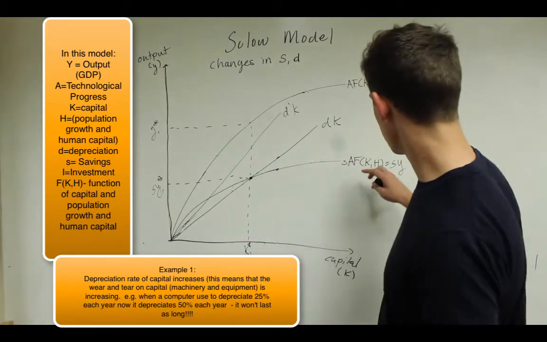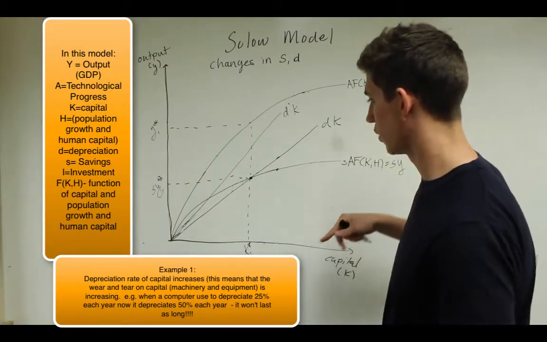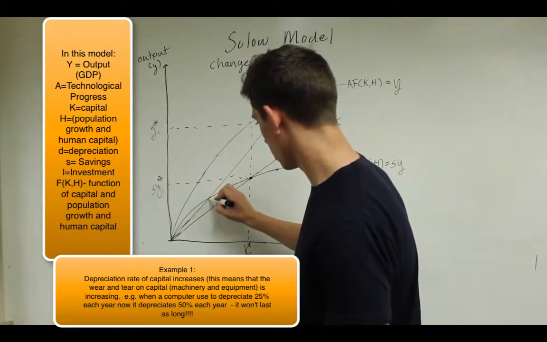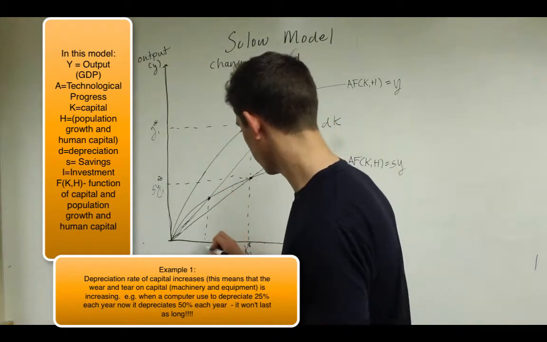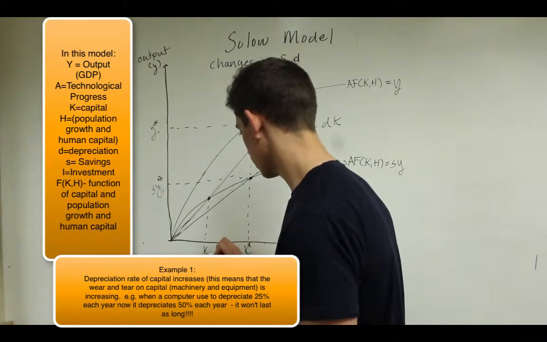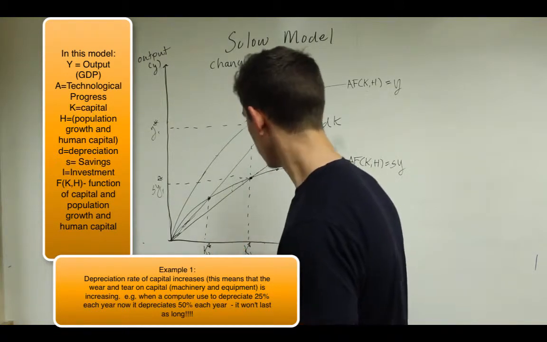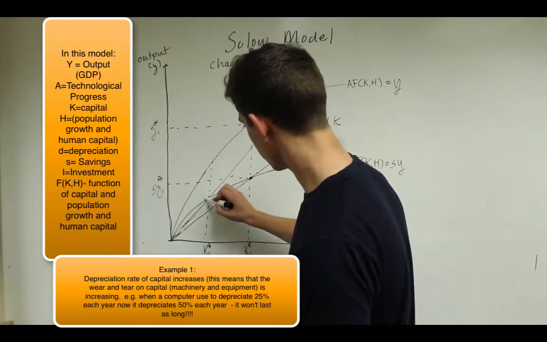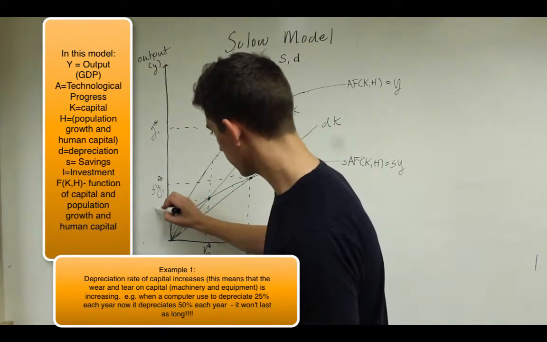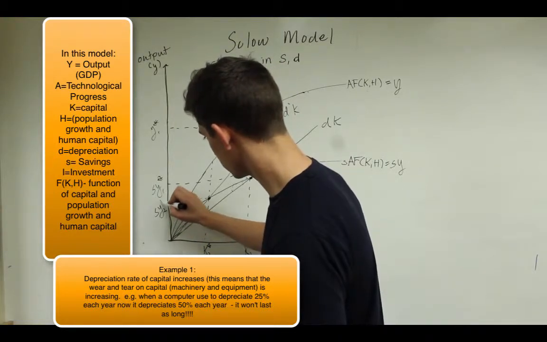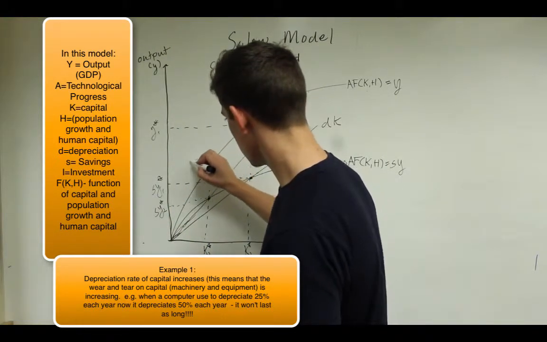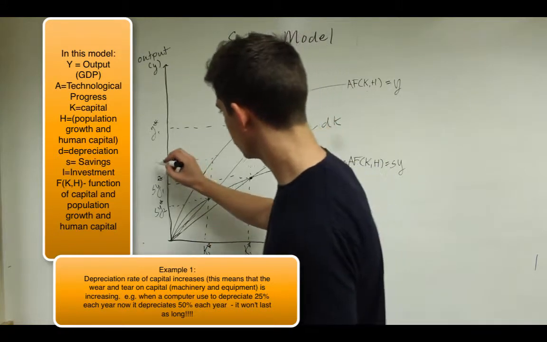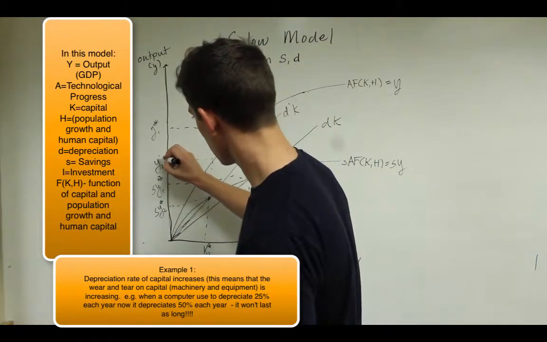So obviously now we can see with the same saving rate and the same production function, we're going to end up with a lower level of steady state capital. I'll call that K2 star, which is going to correspond to obviously a lower savings, Y2 star, and a lower total steady state output.